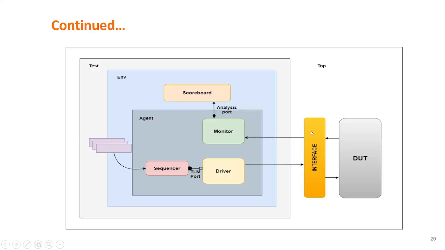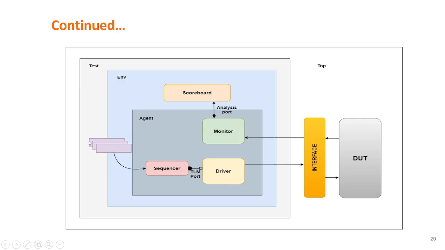Okay, so this is the basic test bench for UVM. The test is on the top module, and there is an interface and DUT. Under the test, there is an environment. In the environment, there is a scoreboard, which will give the coverage. In place of the generator you have sequencer, monitor, and driver.